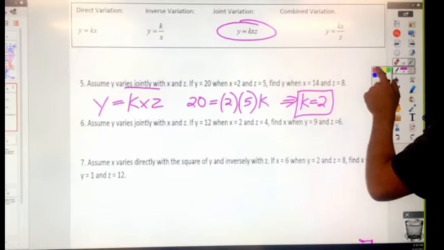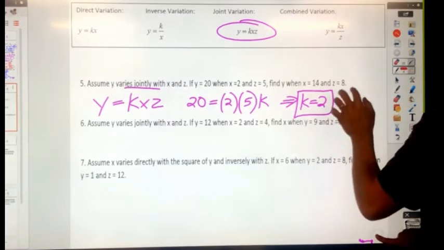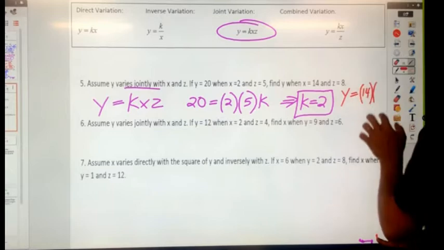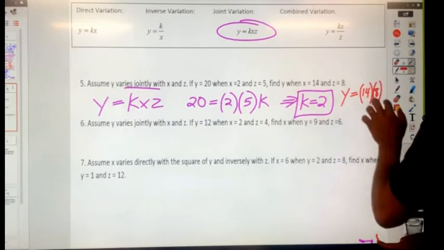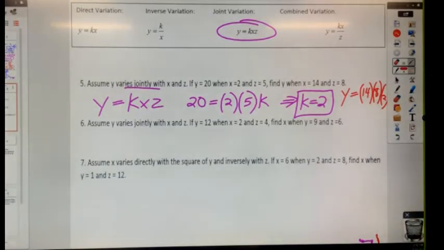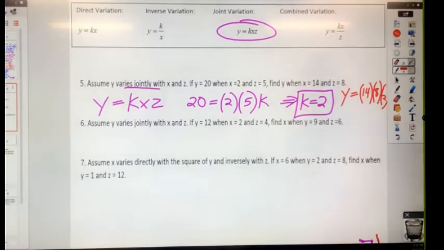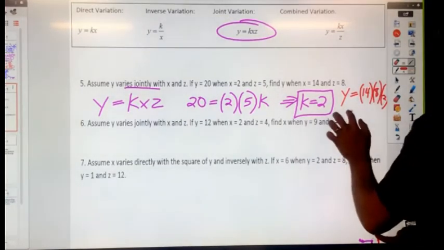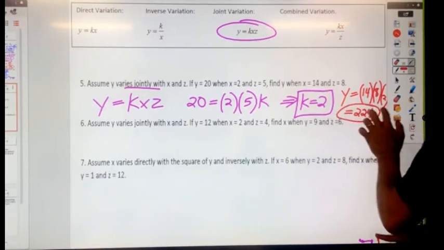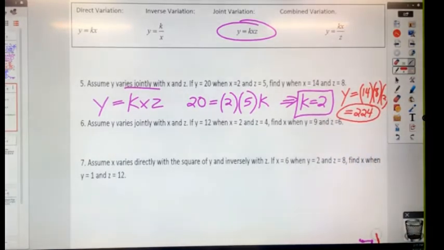So y equals x, which is 14, z, which is 8, and k, which is 2. So 14 times 8 times 2 gives me a grand total of 224. You just multiply all of those.